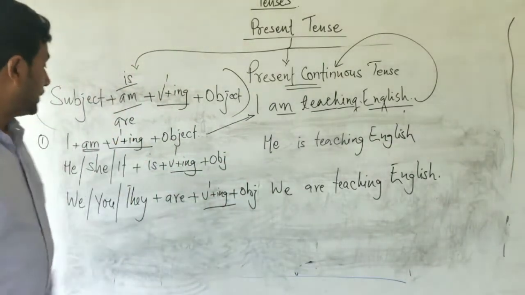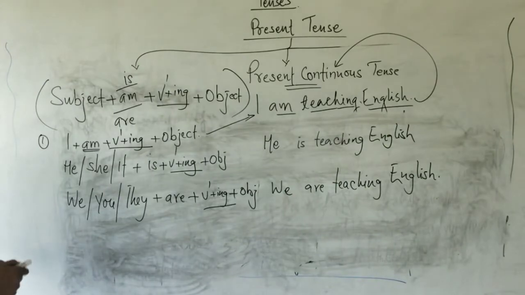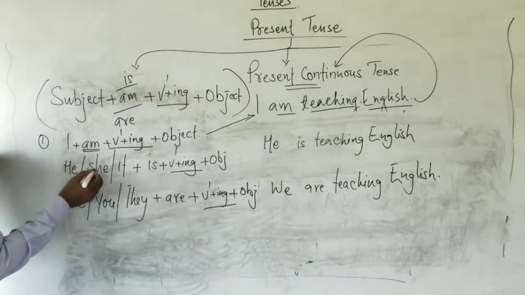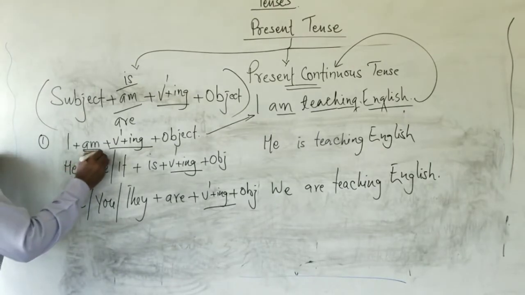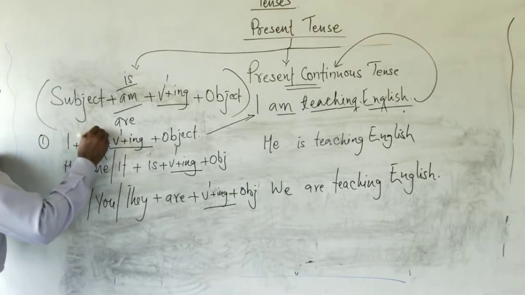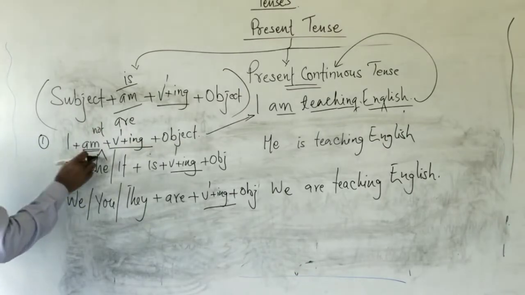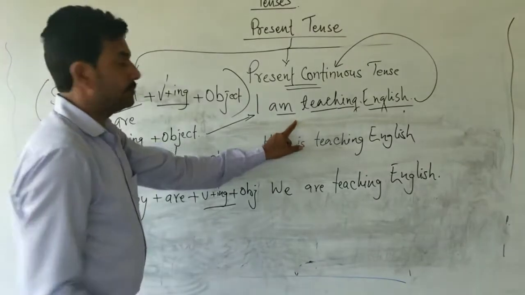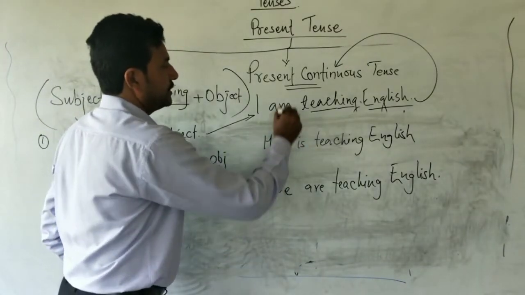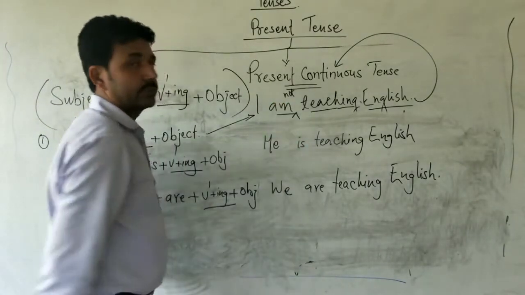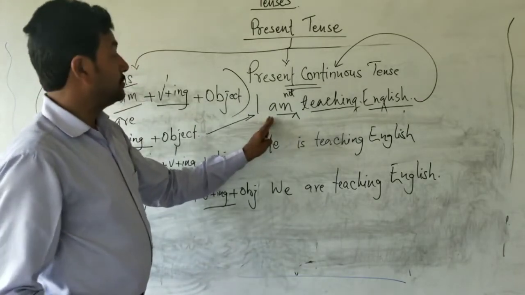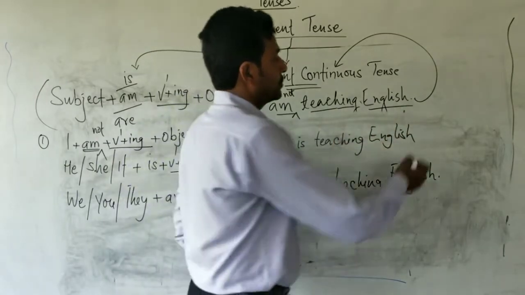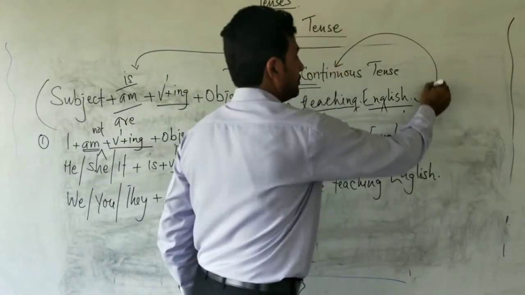How to make a question, a yes-no question, or negative, we will see now. If you have to make negative sentences from these, you have to use not after the auxiliary verb. So: I am not teaching English. If you have to make negative, just after the auxiliary verb use not. So this will become negative.